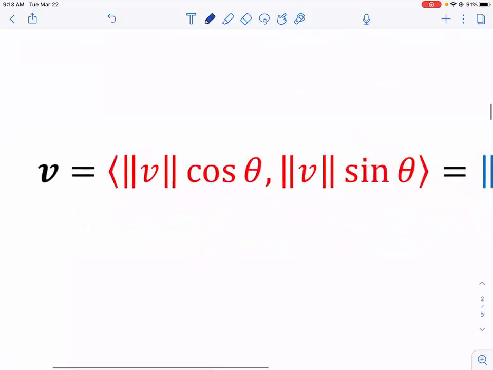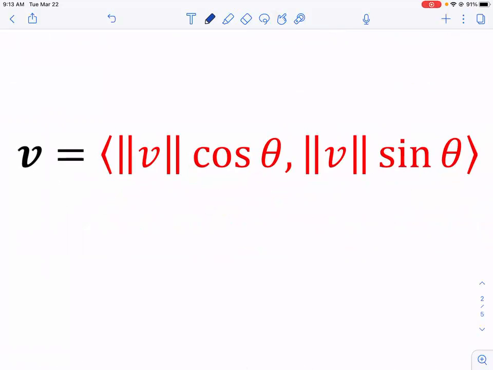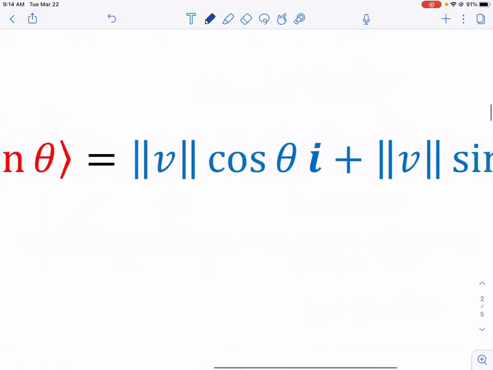Here, I'll have you write it in component form first, and then I'll have you write it in linear combination form.